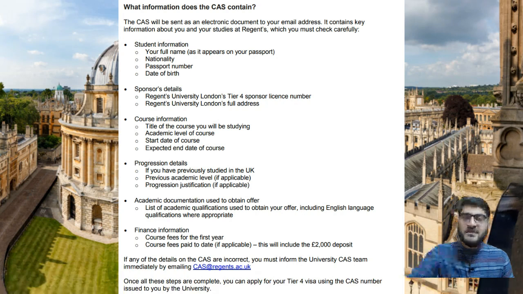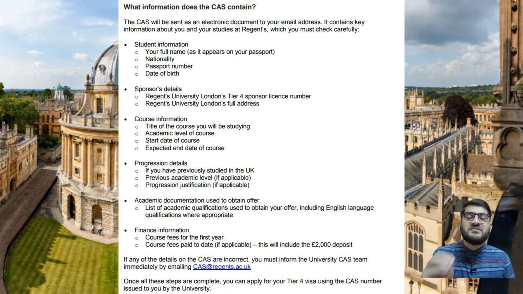So first is the student information, then your sponsor's information details. Third is what course you are going to study in the UK in that university. The title of the course, the level of the course, start date, and expected end date must be given. So the third is the course information. The first is your information, the second is sponsor information, the third is the course information. The fourth is the progression detail.